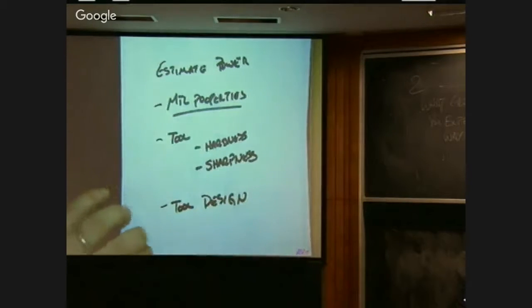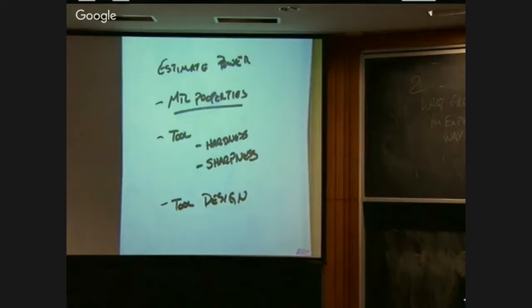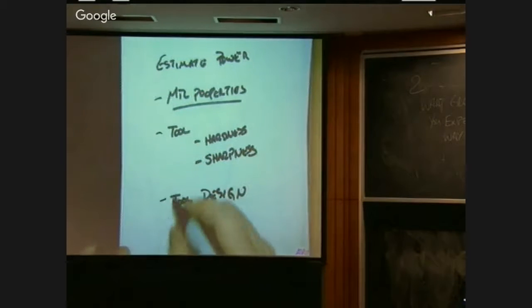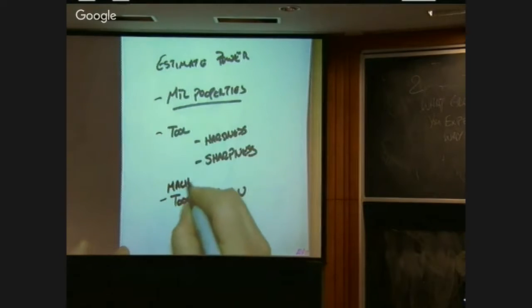We need to know material properties, tool hardness, and so this is machine tool design. We need to know something about material properties, tool design, the tooling, the machine tool. Anything else you think you might need to know?